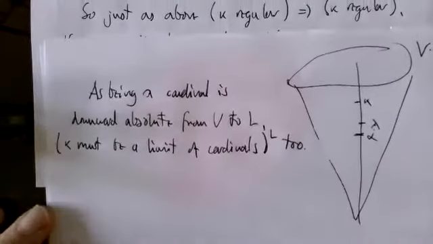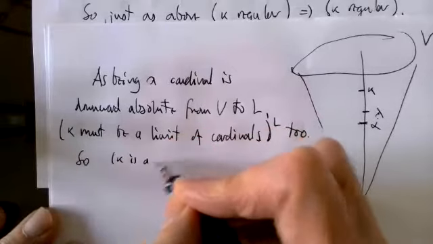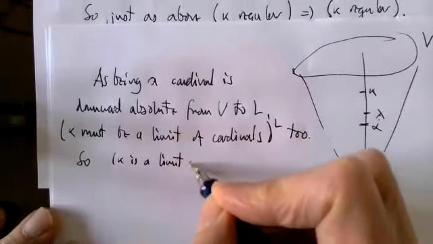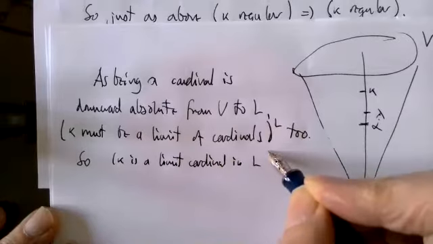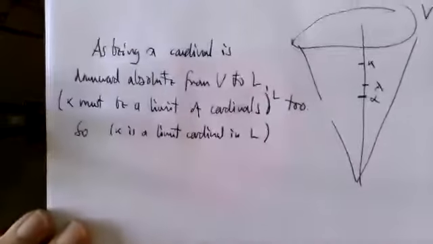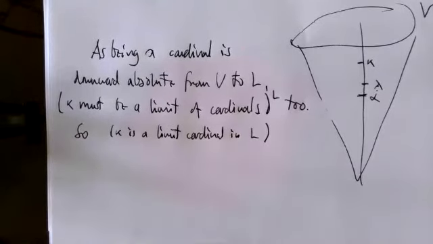So kappa is a limit cardinal in L. So actually, there's not an awful lot to say about that part.